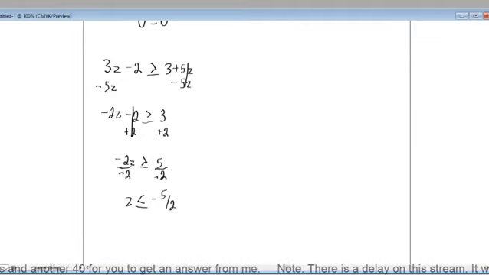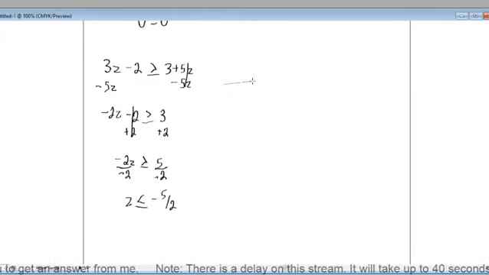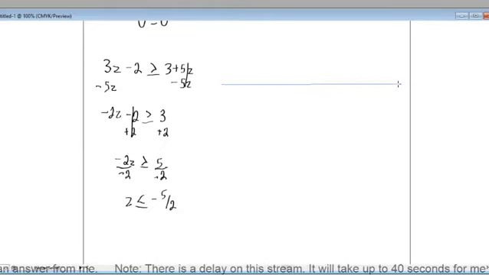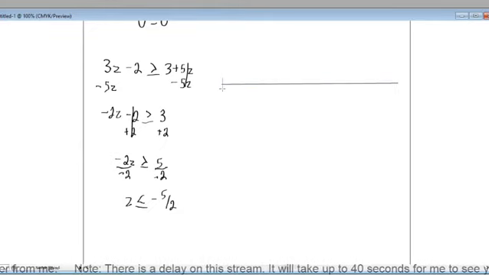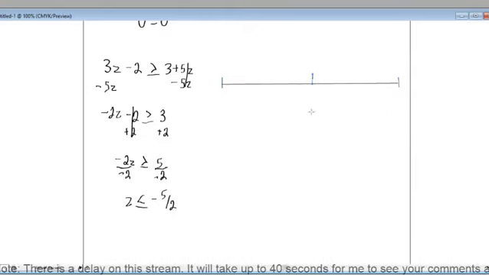Now, the second part of number 3 tells us to graph that solution set. So we're going to need a number line here, which was provided on Hawks. Negatives on this side, positives on this side, 0 in the middle.